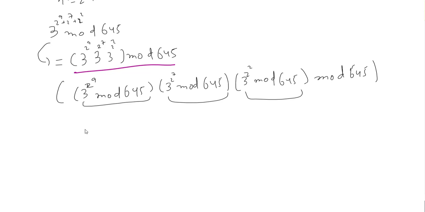First, we need to know the value of the smallest value, which is in this case 3 raised power 2 raised power 1 mod 645.